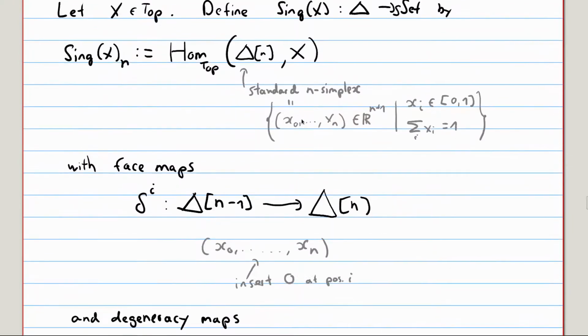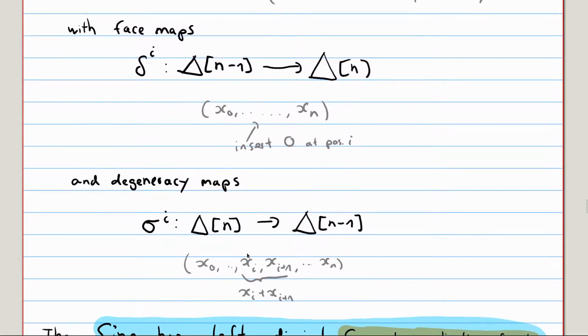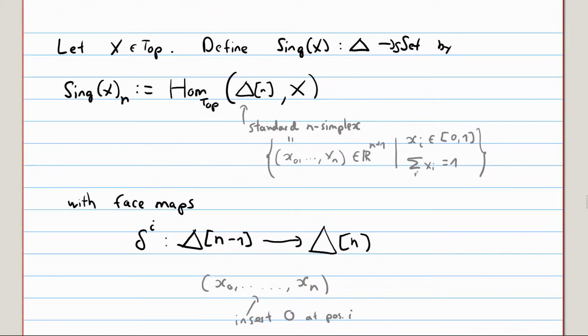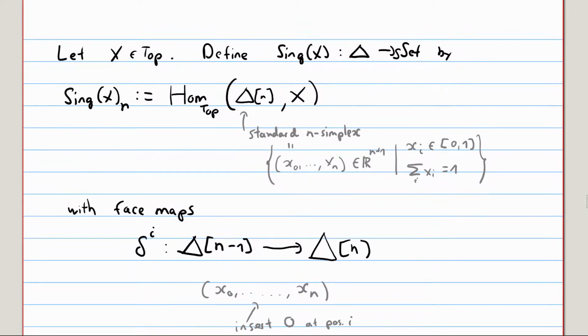The face maps are created by inserting the coordinate 0 at the ith position. And the degeneracy maps are created from taking neighboring values and adding them together, so we get a shorter sequence or a shorter tuple. And this defines a simplicial set given the topological space.